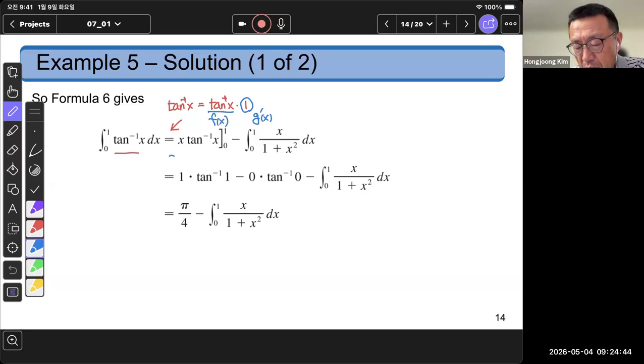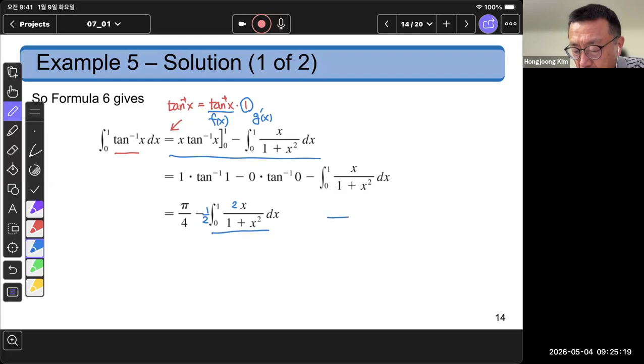Then everything is just the result of the integration by parts. And this next step will appear quite often in your exercise problems. So what did I do? I multiplied 2 to the numerator and multiplied by 1 half to get the equality.